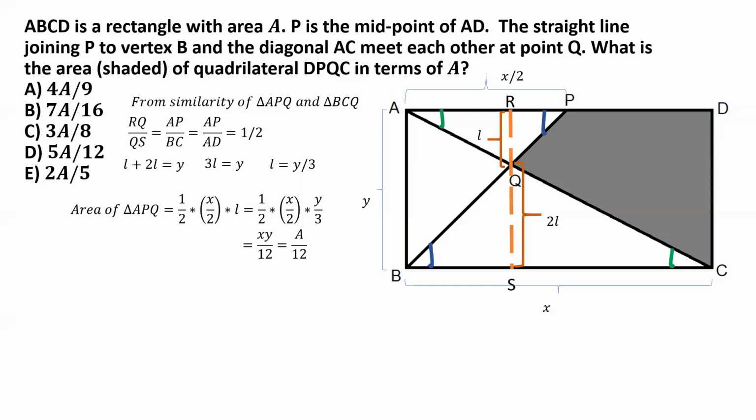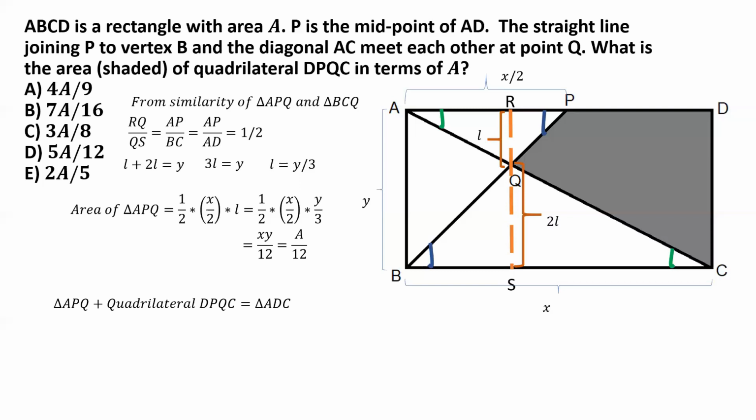And since XY, the product of the height and the width of the rectangle, gives us the area, XY is equal to A. So XY by 12 becomes A by 12.